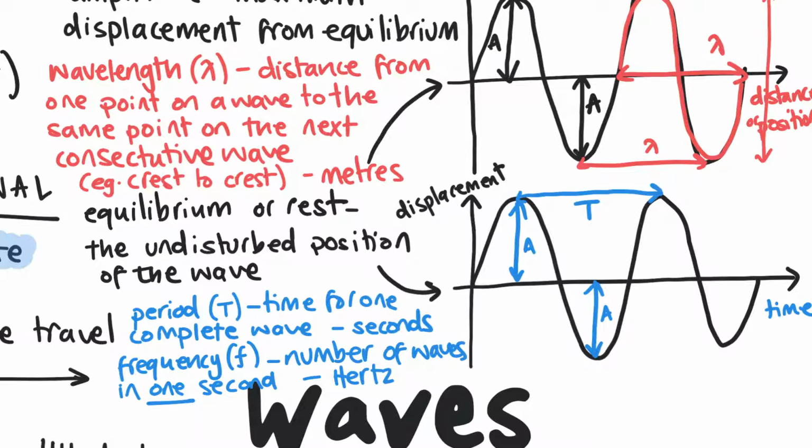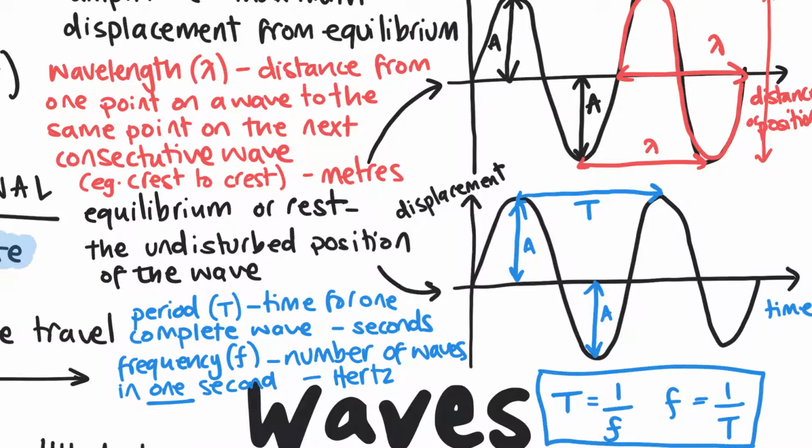The time period and the frequency are linked together by the equation T is equal to 1 over F. Or vice versa, we could switch those positions and say that F is equal to 1 over T. Now the time period does need to be in seconds for that equation, and the frequency then, for the number of waves per second, is measured in hertz, or we would just write capital HZ for short.